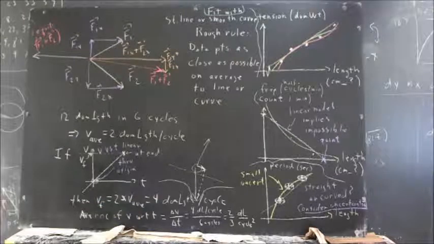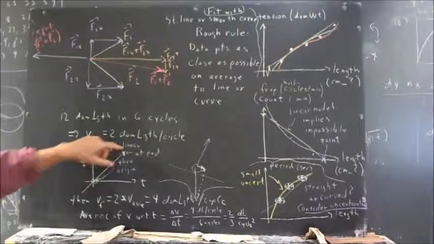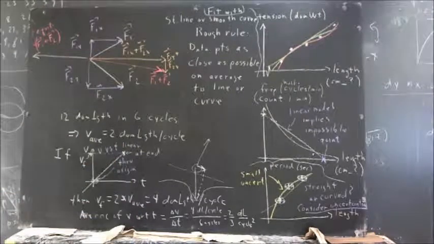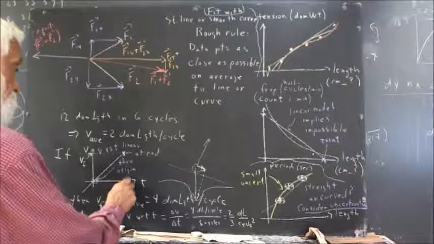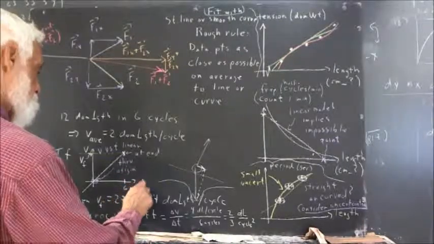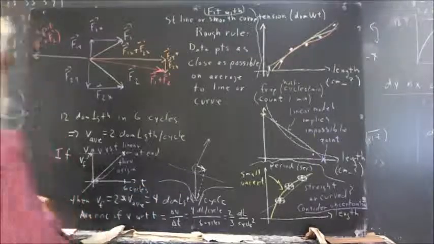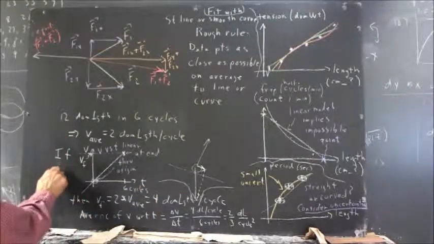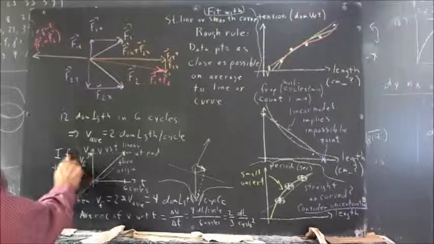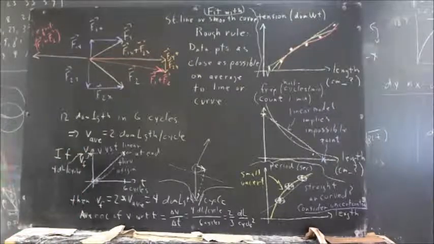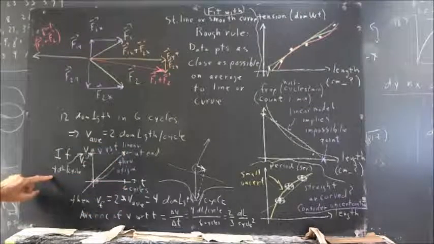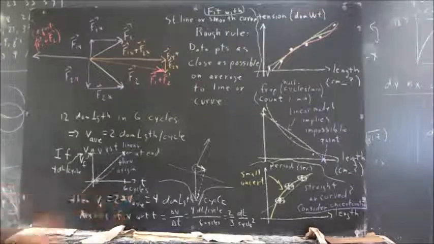So, this is the average rate of change of velocity with respect to time. Now, that is easily identified with this graph. The time, as it turns out, is 6 cycles, and the final velocity is now 4 domino lengths per cycle, so between this point and this point, the rise is 4 domino lengths per cycle, the run is 6 cycles.